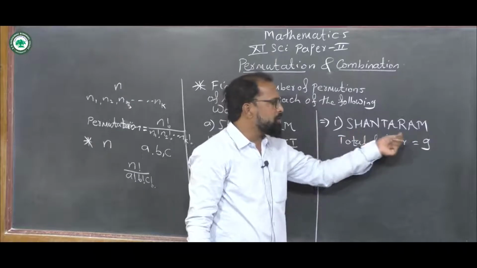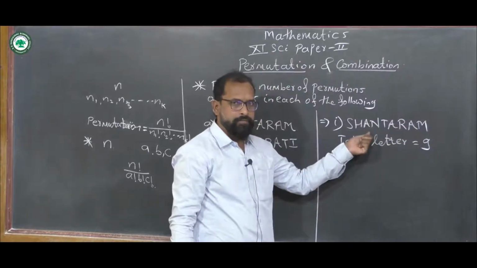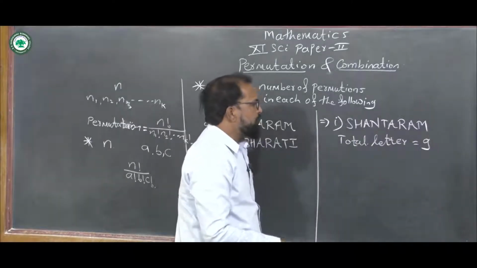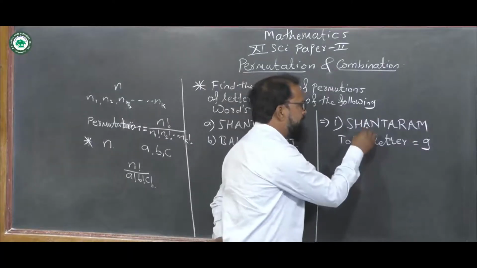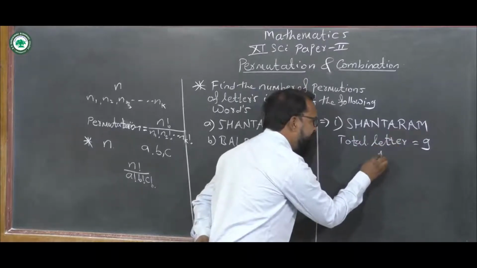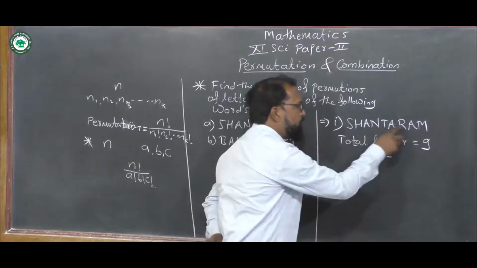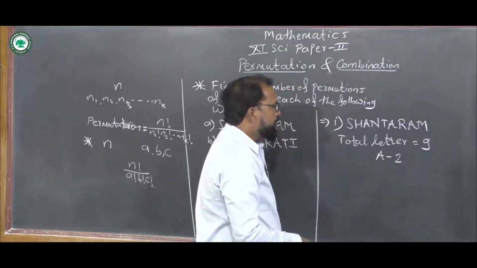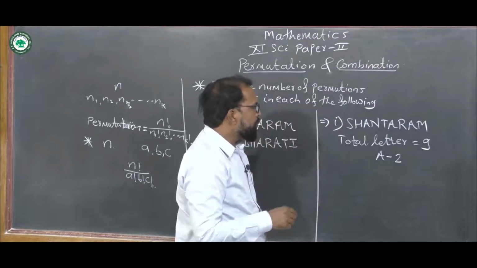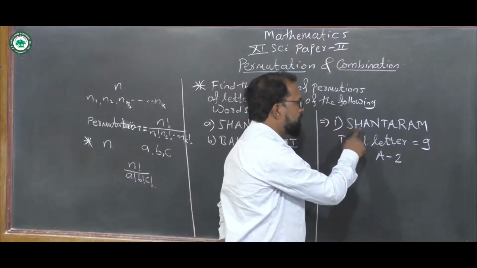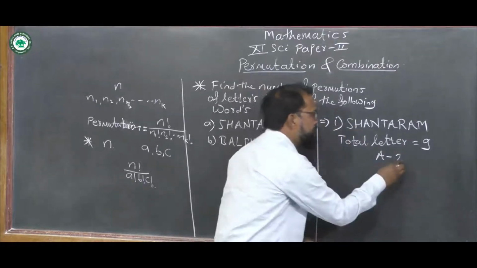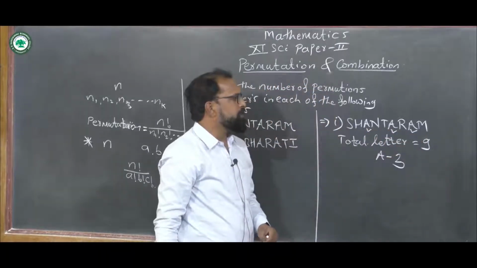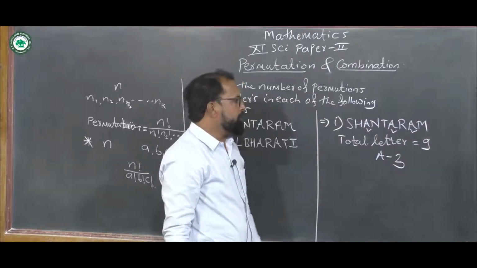In these 9 letters, some letters are repeated more than once. Starting from this A, the letter A repeats twice, and then thrice. This is 1, 2 and 3. No other letter is repeated.